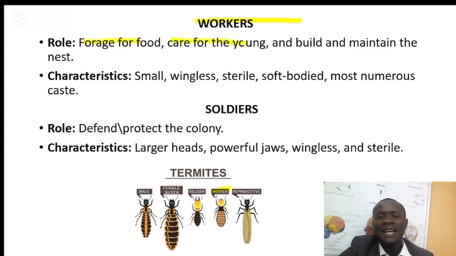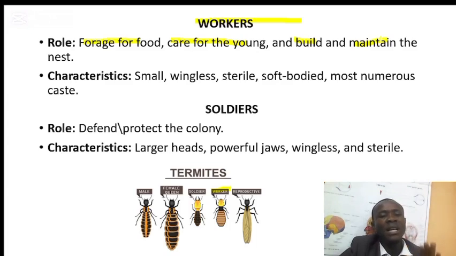After the king has mated with the queen, she will lay the eggs, and these eggs are taken care of by the workers in the colony. They are the ones that build, and they are the ones that maintain the nest. So the building and maintenance of the nest is done by the workers.